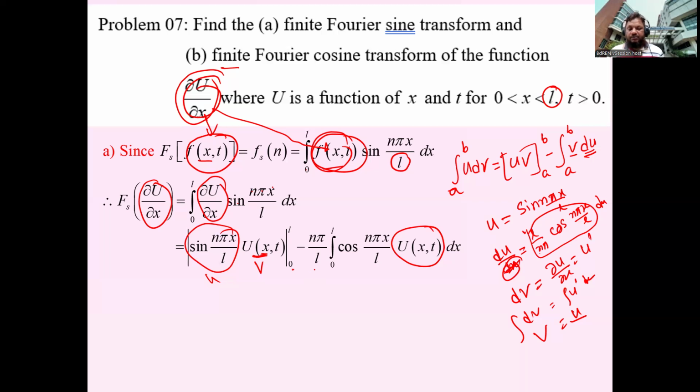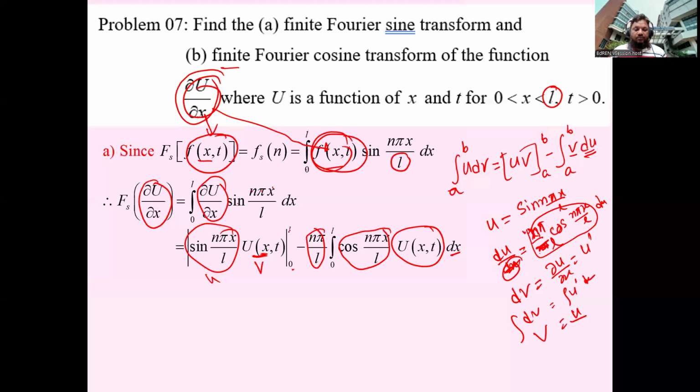Sorry, there was a mistake. It is differentiation, so it will be n pi by L, not L by n pi. So du is n pi by L cos n pi x by L dx.